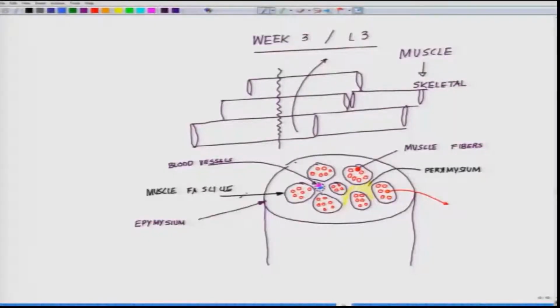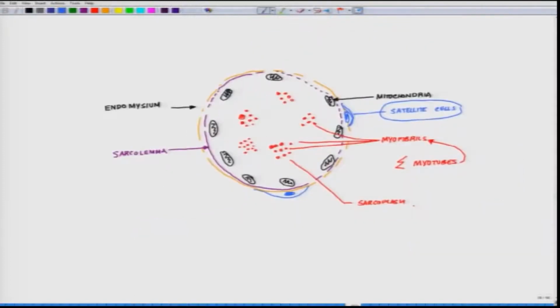Then individual muscle fibers, as you could see out here, come together to form what we call the muscle tissue. At each level, it has a different organizational setup, and it is supplied with blood vessels, covering and everything. But one hallmark here is that it has a lot of mitochondria in its vicinity.